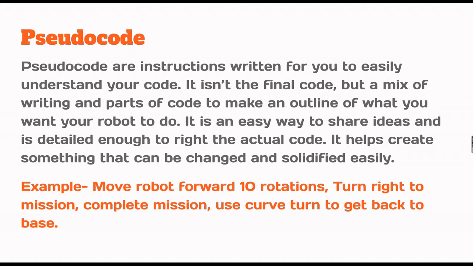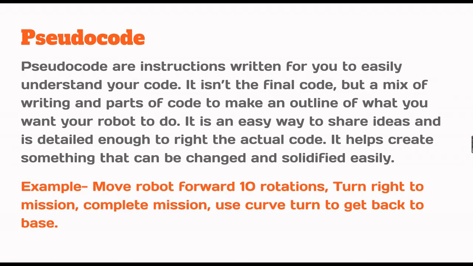And so now, what really is pseudocode? Well, pseudocode are instructions written for you to more easily understand your code. It's not the exact code that you might be using, but it is a pretty detailed outline. It's an easy way to share your ideas to others, and it can be changed or solidified whenever you want it to be.